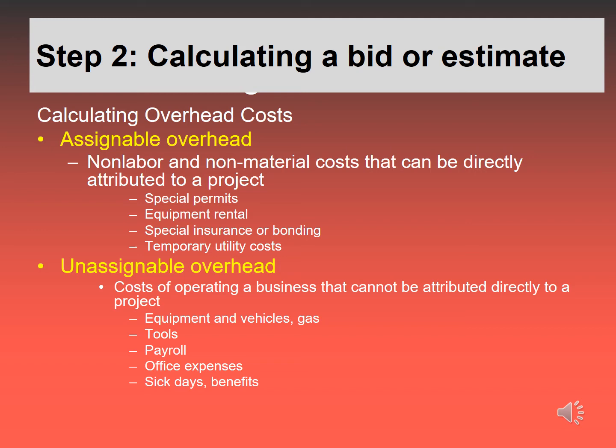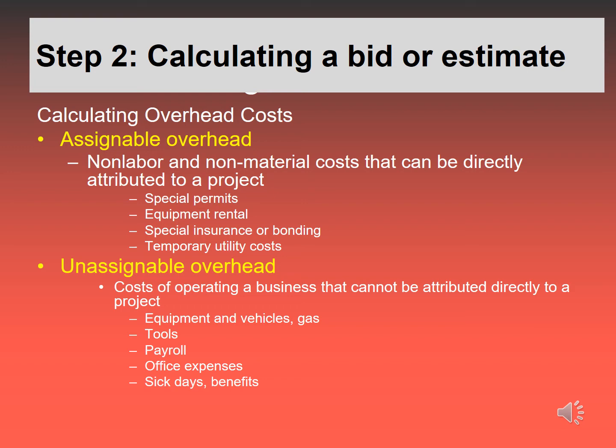So permits that are needed for that project, maybe a permit to do an addition or a greenhouse on the side of a house, which changes the structure, so you need a permit, or equipment rentals, special insurance or bonding for that project, temporary utility costs. You might have to bring in extra electricity or a panel just for the construction. Those are things that can be assigned to a project and then the client pays.